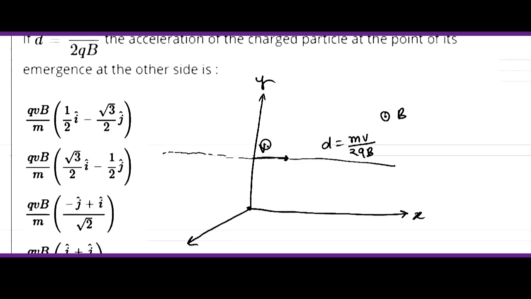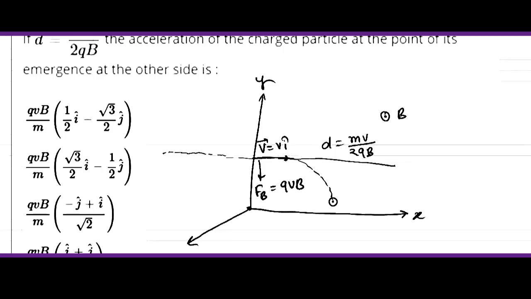So the velocity here is v i cap, and the magnetic field you could see is along the z-axis. So the magnetic force will be along the v cross B direction. So v cross B, if you curl the finger from v to B, you will get the magnetic force in downward direction, and this force will be qvB.